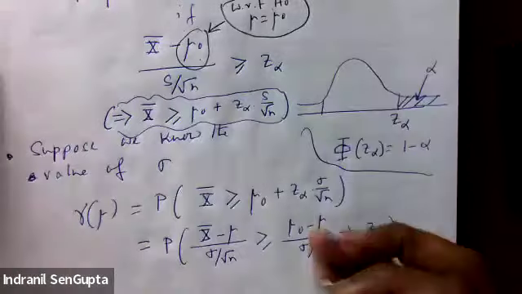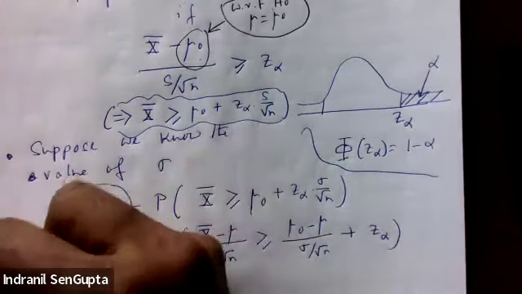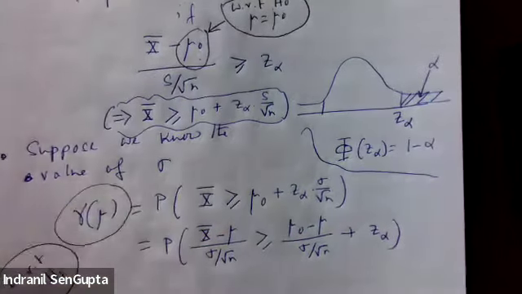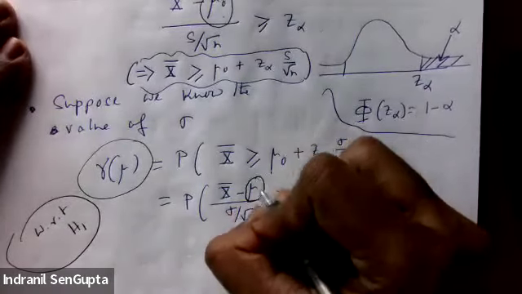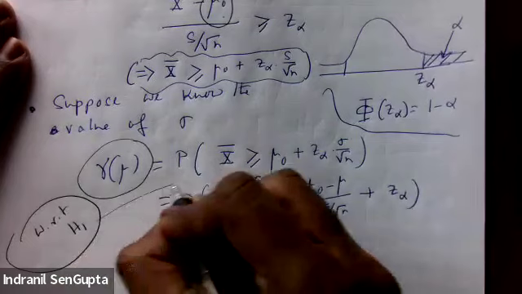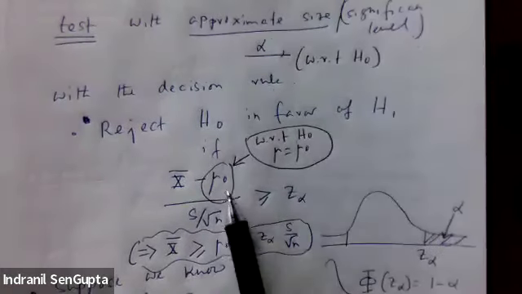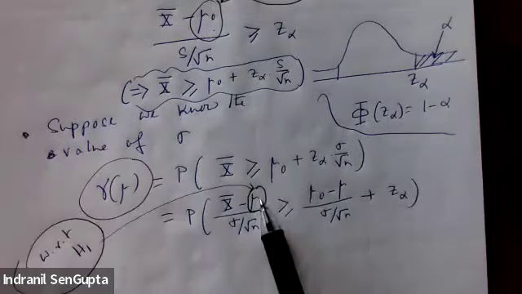One more thing, please note that whenever I'm doing this power of a test, it's always with respect to H1, right? And that's why I did not write mu zero here. Just compare this with what we had before. When we were computing the significance level, we had this mu sub zero, and here we are just writing mu.